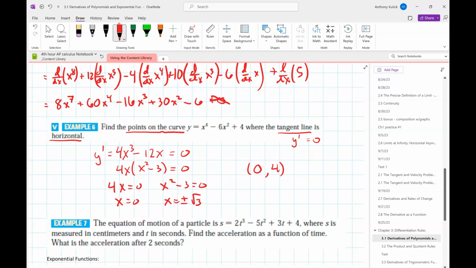So 0, when I plug that in, I get 4. Square root of 3, that's 9. 9 minus 18 is negative 9 plus 4 is negative 5. And then since all the exponents were even, the negative root is going to give us the same thing. So those are our 3 points.